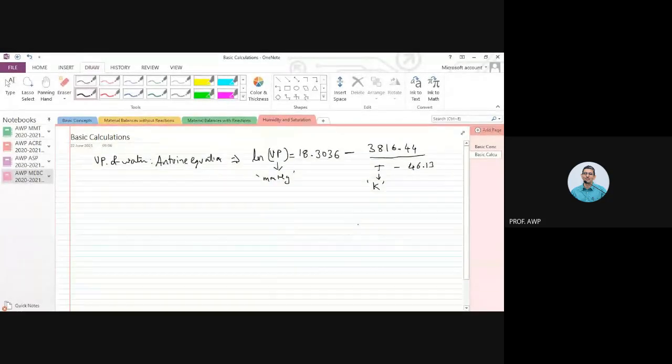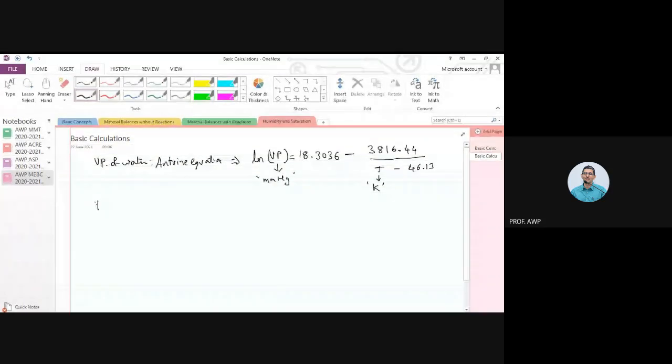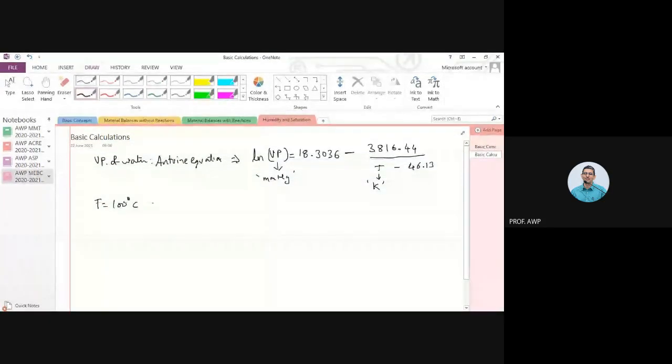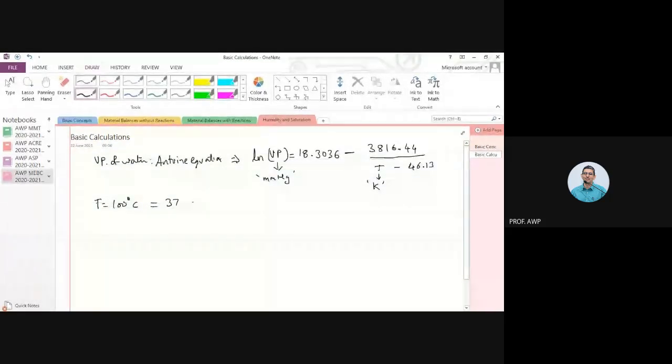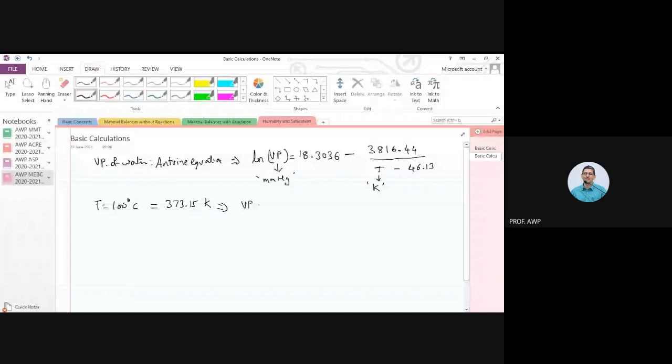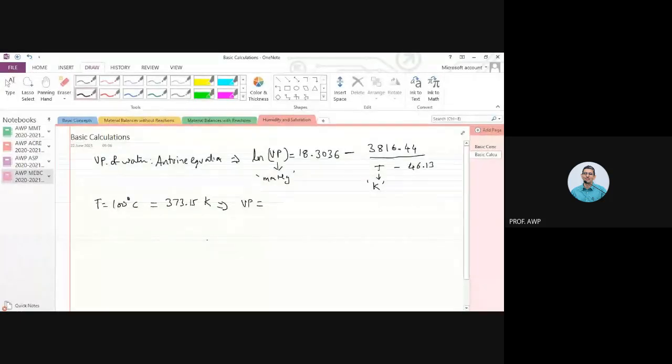Okay. So suppose temperature is 100 degrees centigrade, which means 373.15 Kelvin. Can you tell me what is the vapor pressure? Calculate.